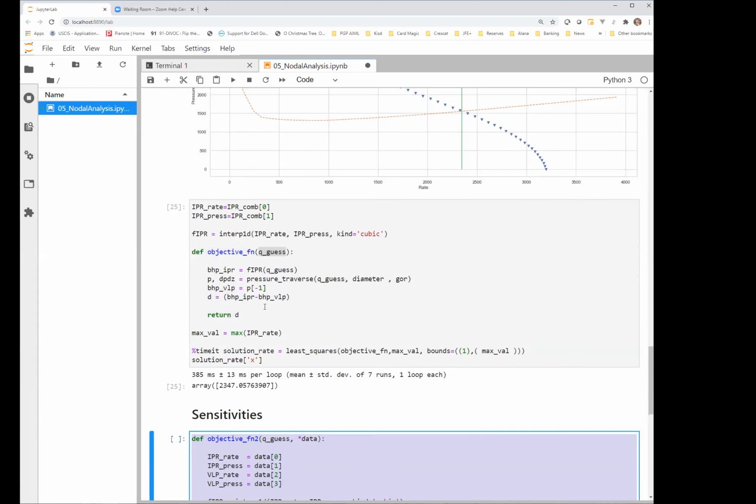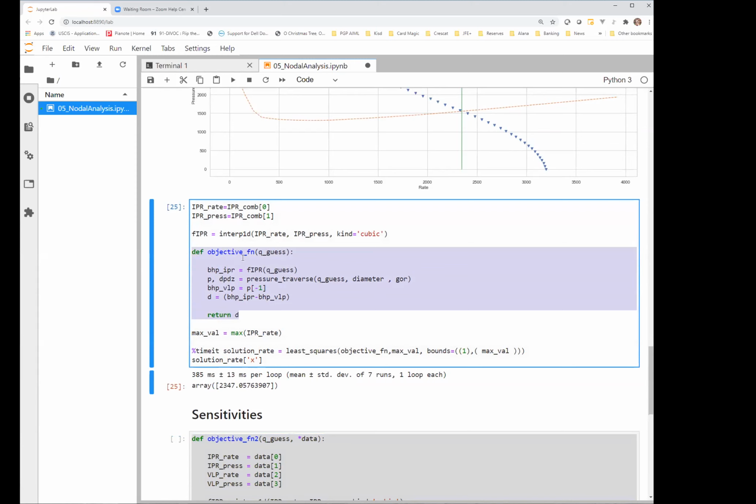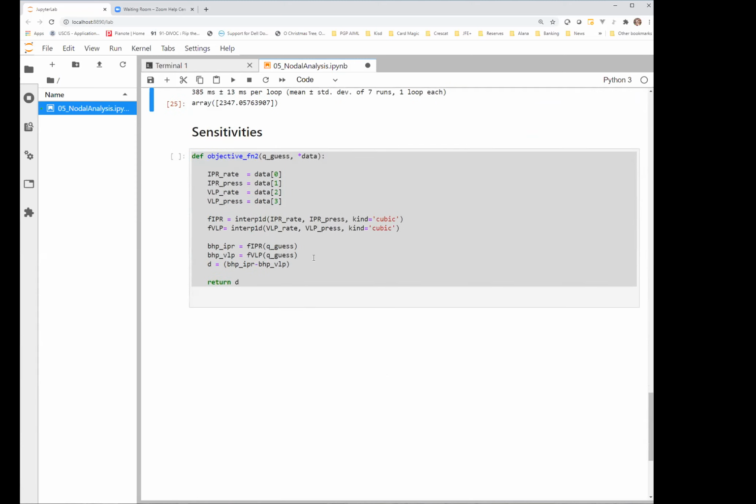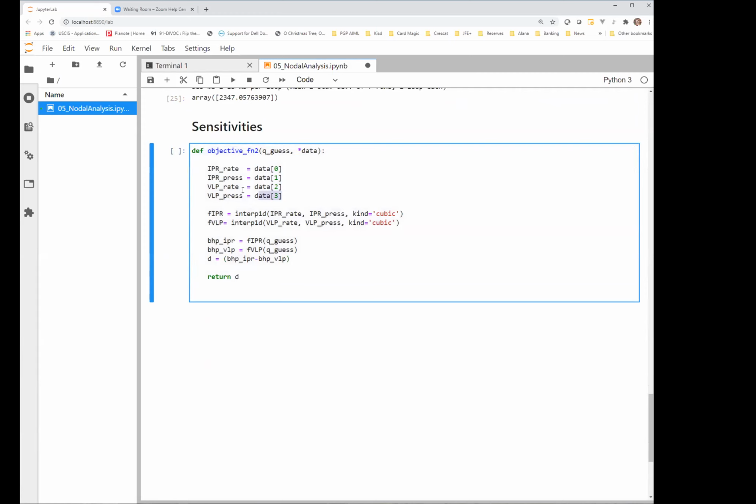Okay. In this function, we were having a fixed interpolation. In this one, now we are just incorporating the vector as a part of the arguments. So let me see. You will see more clearly right here.